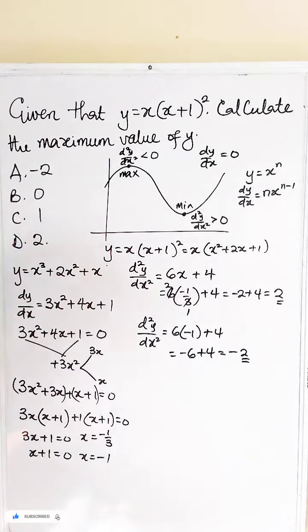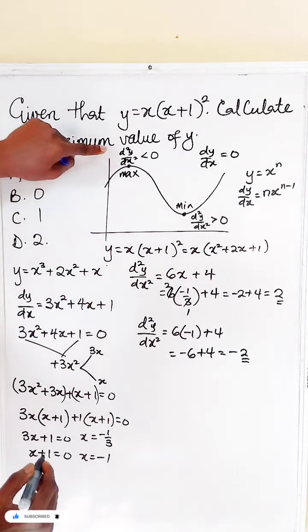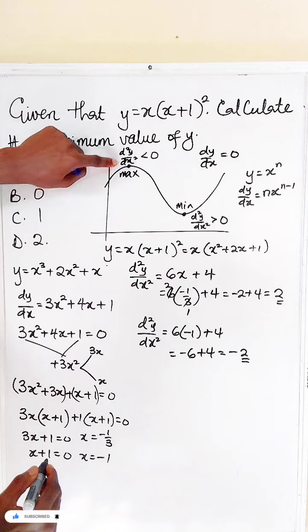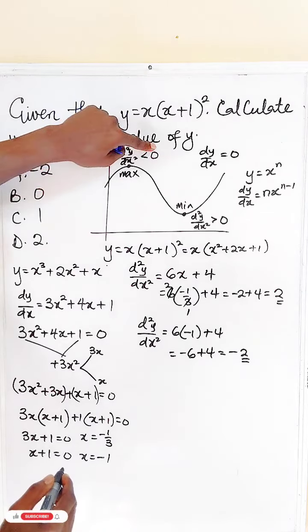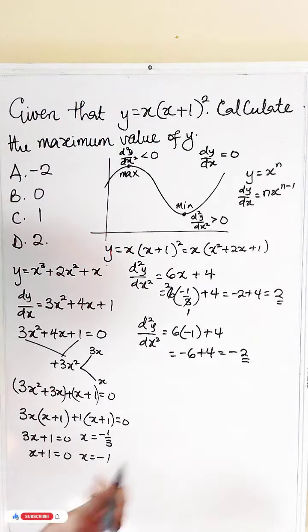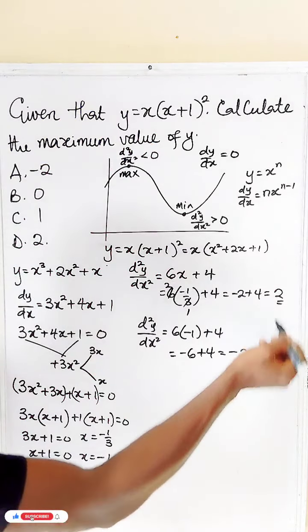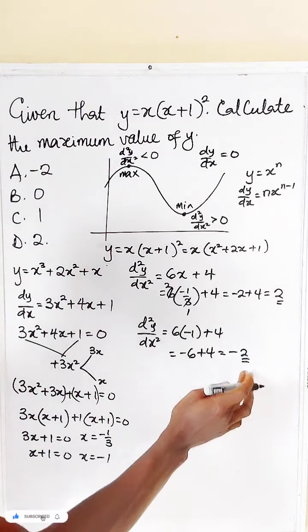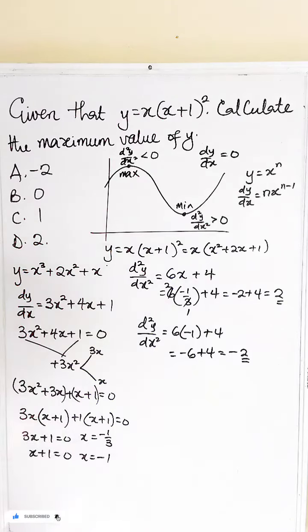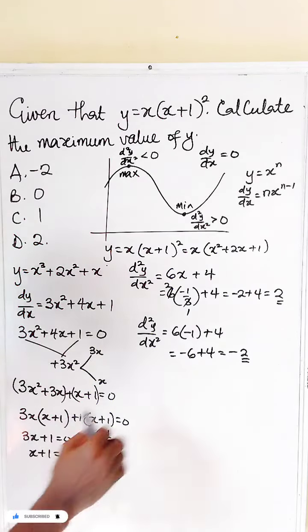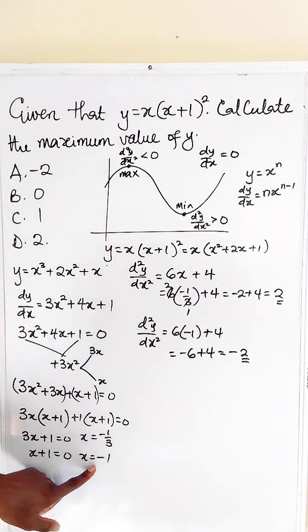Now take note that at the maximum, d²y/dx² is less than 0. Out of these two solutions, negative 2 is less than 0, which means the maximum occurs when x is negative 1.